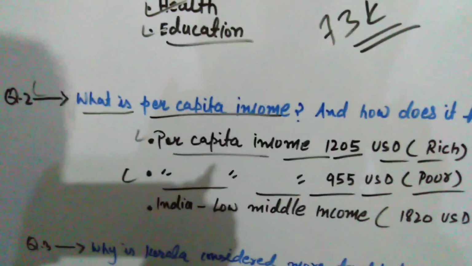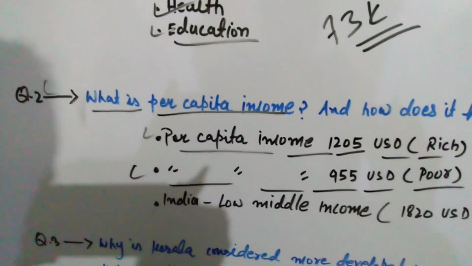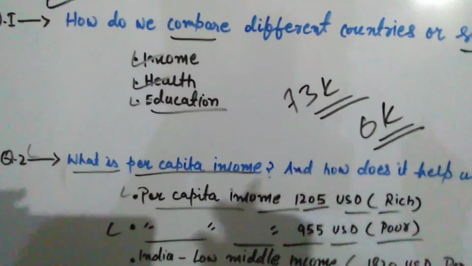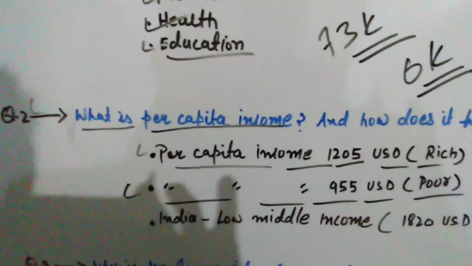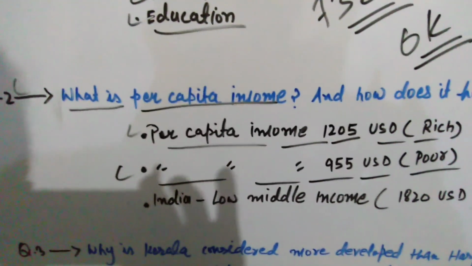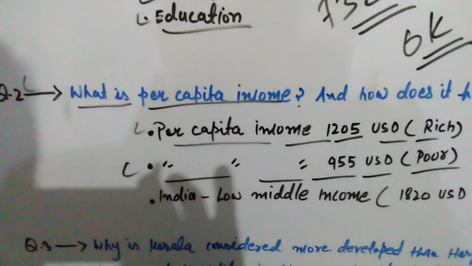Okay, let me simplify this. In a simple word, a country where monthly salary of people is around 6,000 Indian rupees is a poor country.